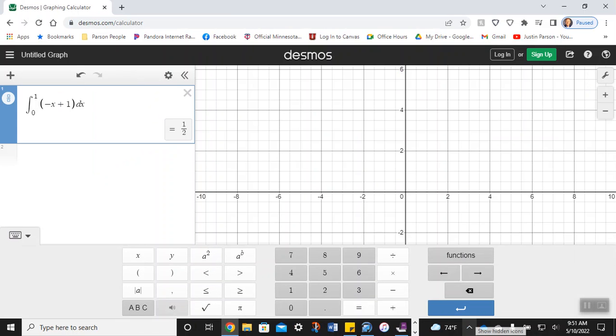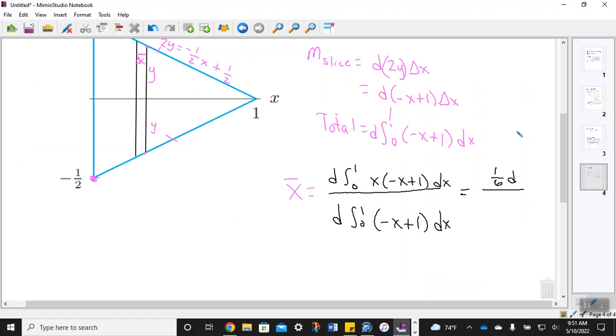What do you get down there? I'm not really sure. Get 1/2 there, don't we? So the bottom will really be that definite integral is 1/2. But guys, what constant's still out front here? D. Okay, what are the d's going to do to each other in our final answer now? They're going to cancel, aren't they?